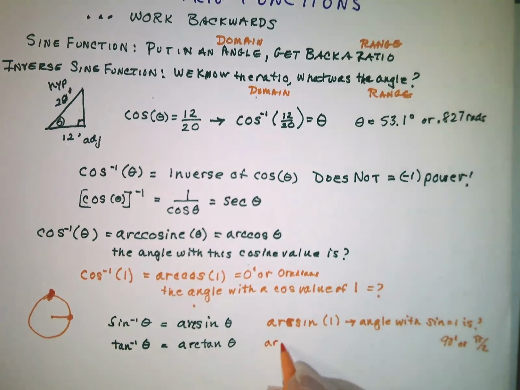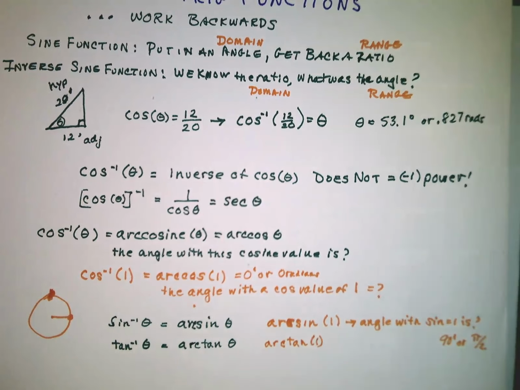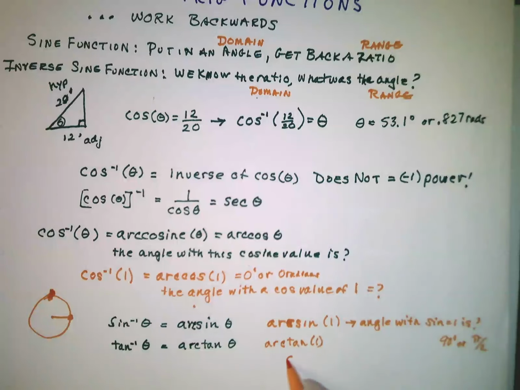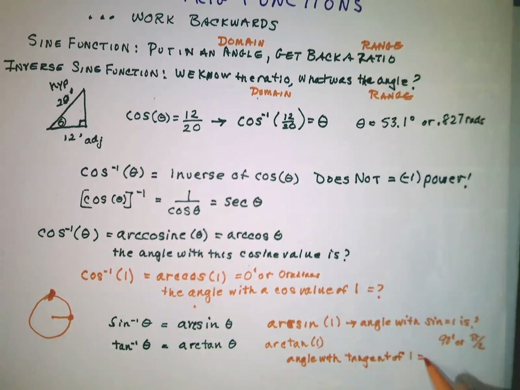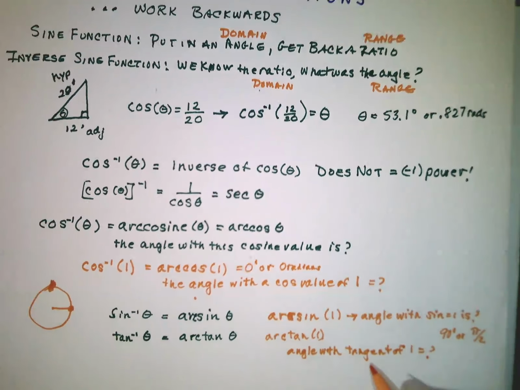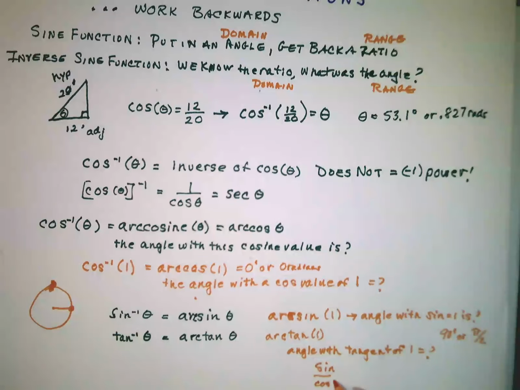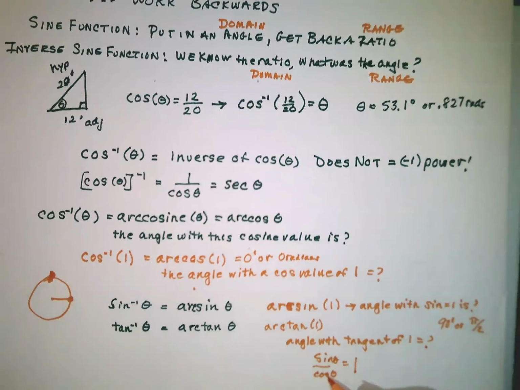And you know what's going to come next. Who has an arc tangent of 1? So the angle with tangent of 1 equals what? So tangent, that's sine over cosine, y over x. So sine and cosine, when you divide them, come out to be 1. That can only happen if these two guys are the same.